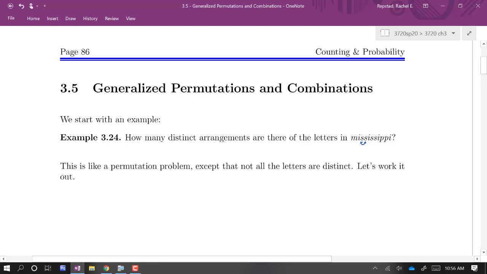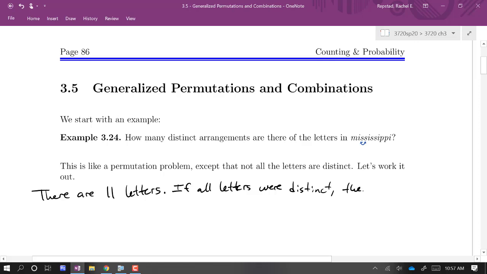And let's see, if you count them up, there are 11 letters total. And if all letters were distinct, there would be 11 factorial arrangements. Of course, that's not the case.